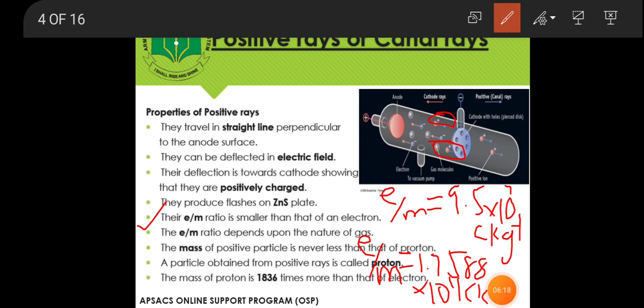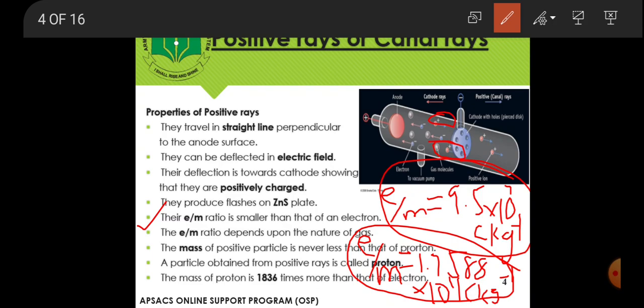So we can see that the charge to mass ratio of a positively charged particle is less than the charge to mass ratio of an electron.